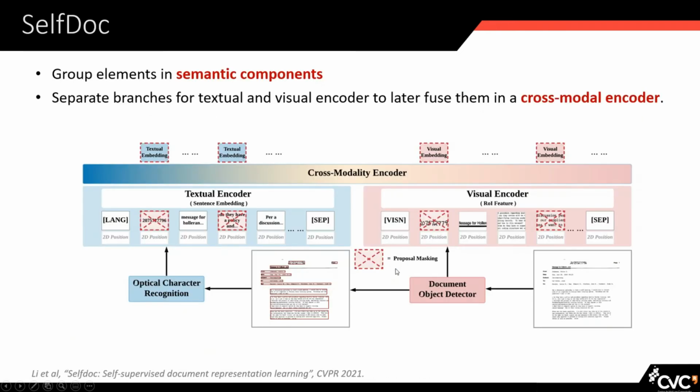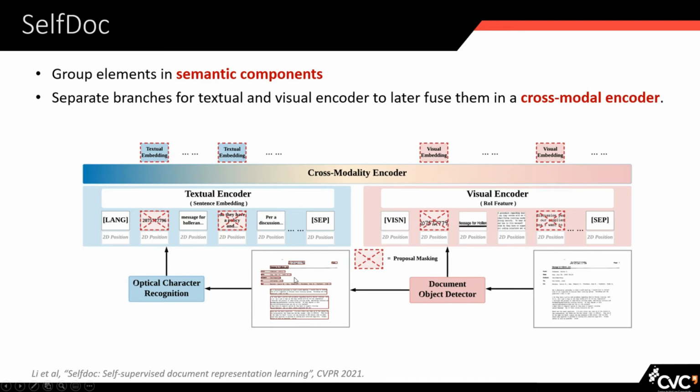Also, SelfDoc is very similar, but the interesting part here is that they group the elements in semantic components. As far as we have seen, they were always treating each unit, or minimal granularity, as the words, word by word.